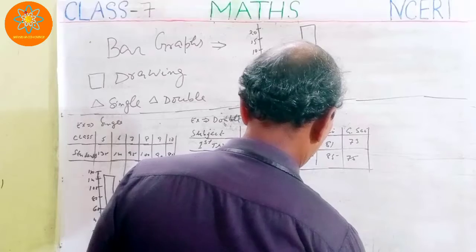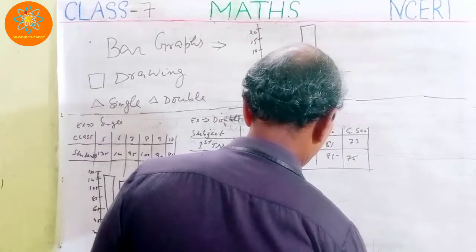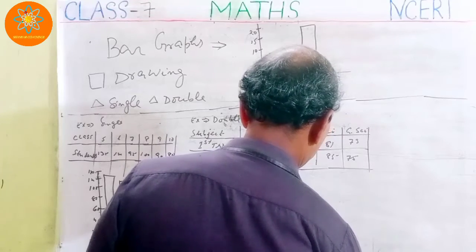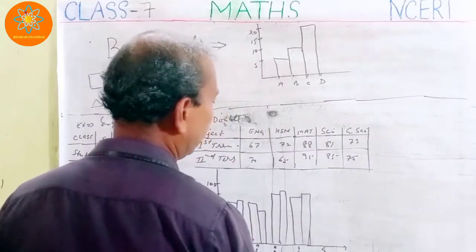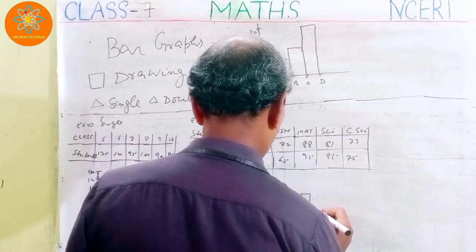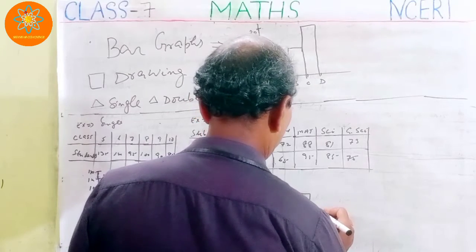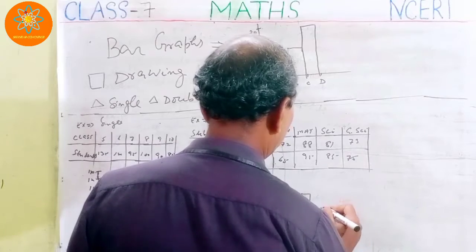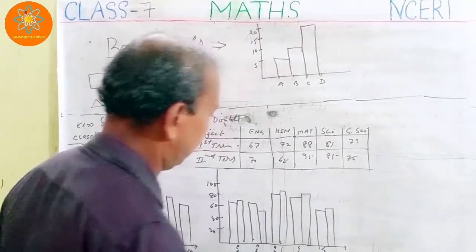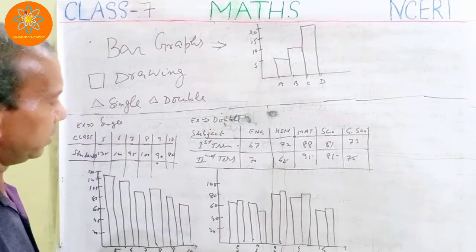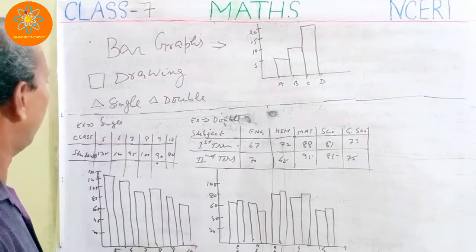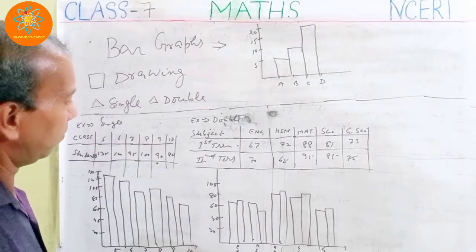Now the last one is general science, 73 and 75. So you can see clearly this is the single bar graph and this is the double bar graph.